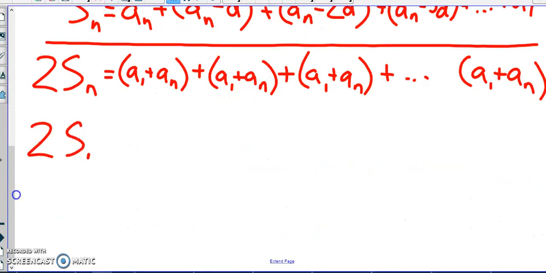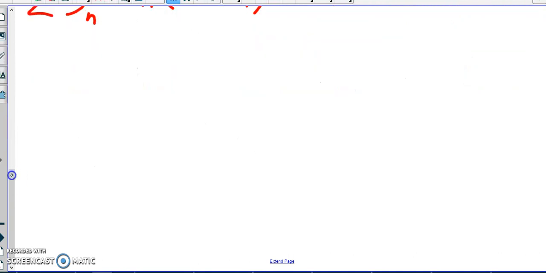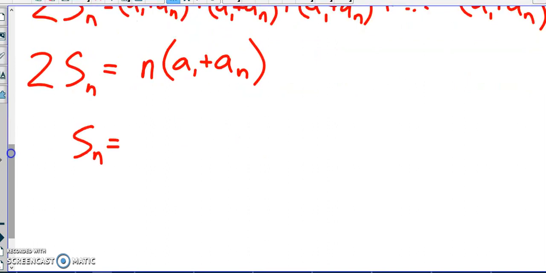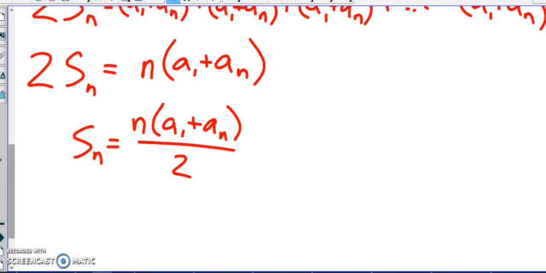So that means that 2 times S sub n is equal to n times A1 plus An. So if I divide by 2, I get that S sub n equals n times A1 plus An divided by 2. And that's the formula for the nth partial sum of an arithmetic sequence. So this would be the sum from i equals 1 to n of a sub i.